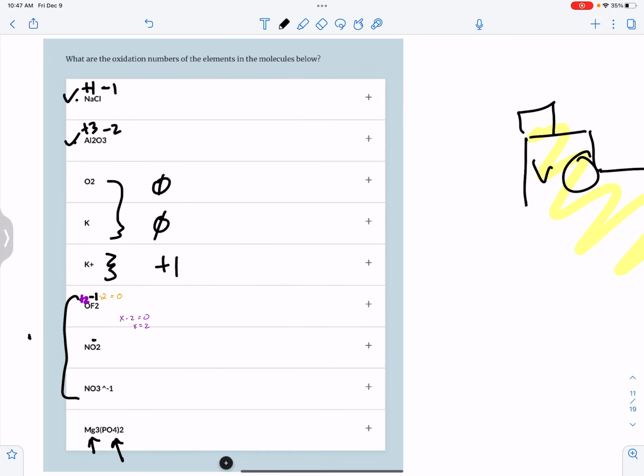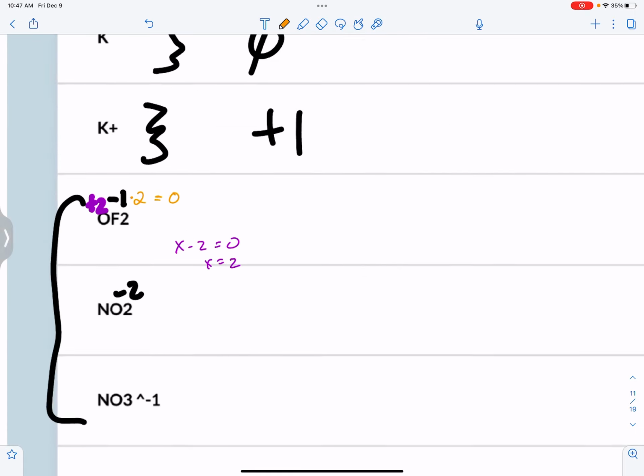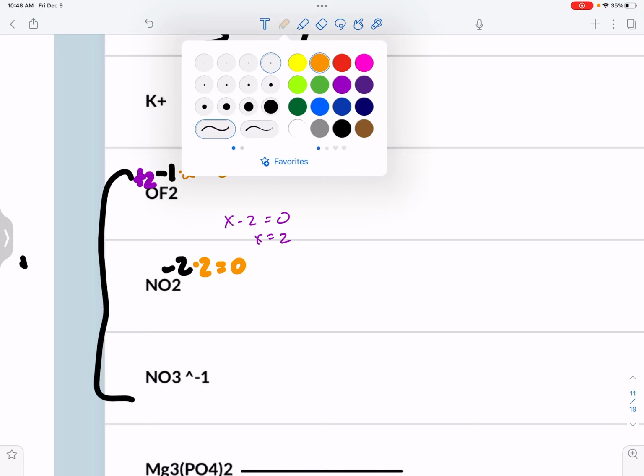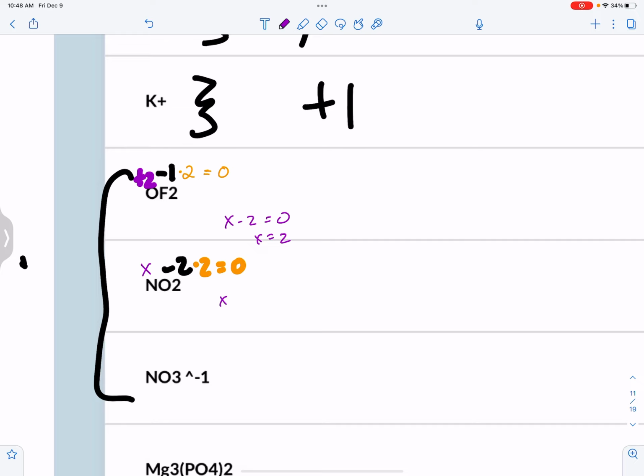There we go, -2, and there are 2 of those. And the whole thing equals 0. So it's kind of like saying I have X, so X minus 4 equals 0, X equals 4. So that is going to have a +4 oxidation state.